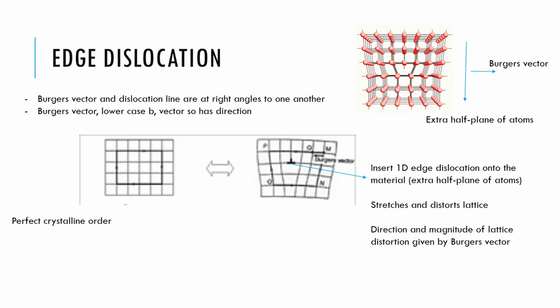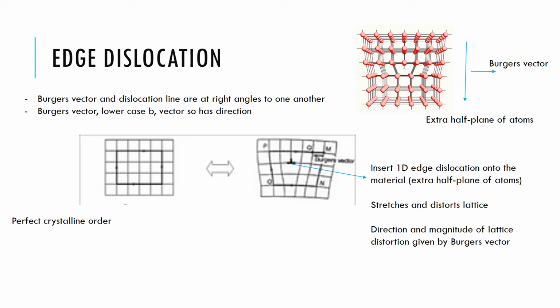To remind you then about an edge dislocation, this is where we have an extra half plane of atoms within the crystalline material. So you remember these are a form of impurity within our material. And we can define the extra half plane then by something that we call a Burgers vector.